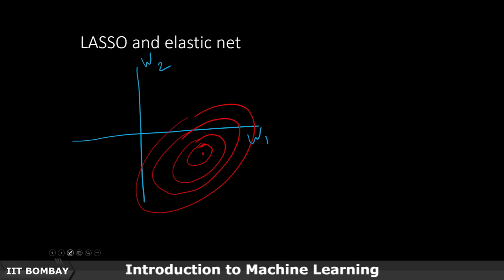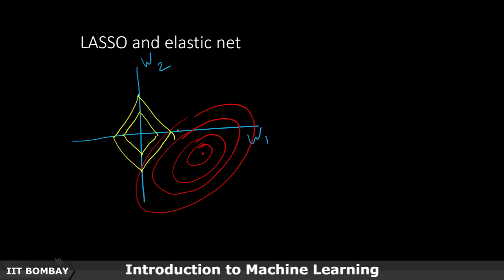And when we put another term in the optimization, which is minimizing some constant times the L1 norm of weights, we will get these 45-degree tilted squares for different values of the penalization.